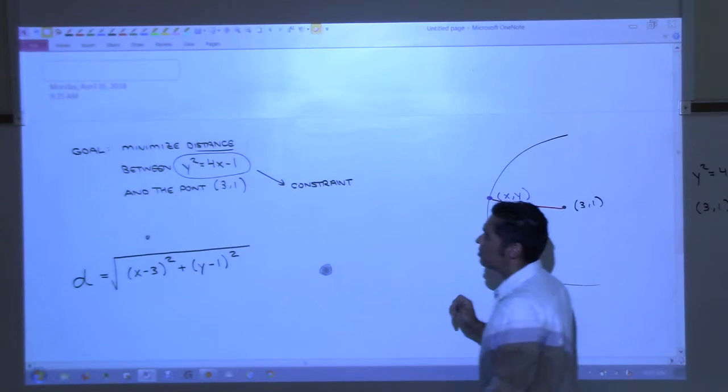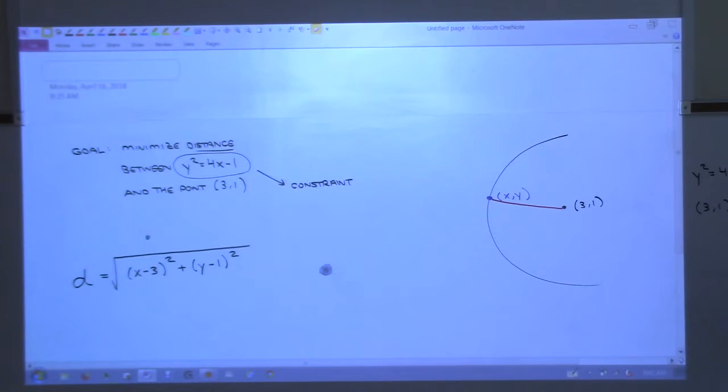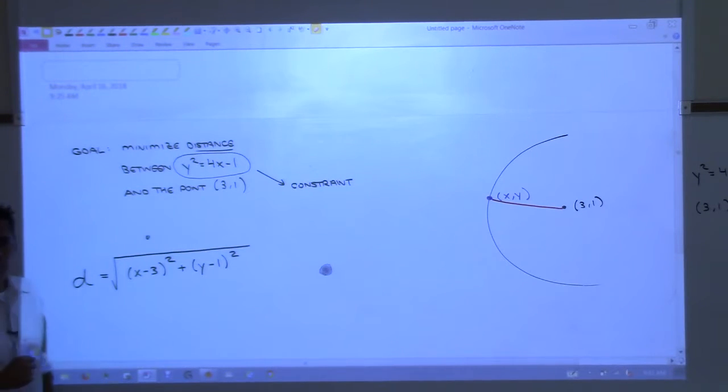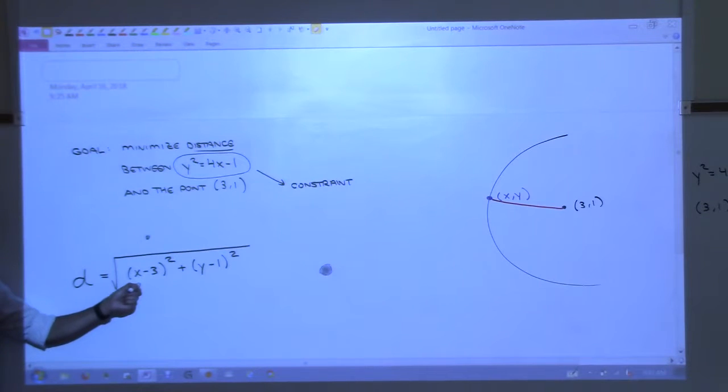And that means I can solve it for either x or y. What would you prefer to solve that for? Yeah, if you solve for y, you're going to have to take a square root, right? Okay. If you solve for x, you won't need to. So how about we solve it for x and then come to this equation and replace that x with whatever it turns out to be. Okay.